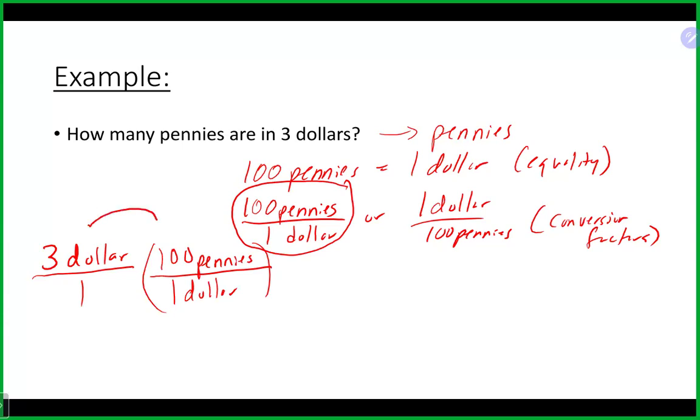We always know the math part: always multiplying the top, always dividing the bottom, 100% of the time, if you set it up like this. When we divide, our dollars cancel out. So we're just going to take 3 times 100, and that gives us 300 pennies.